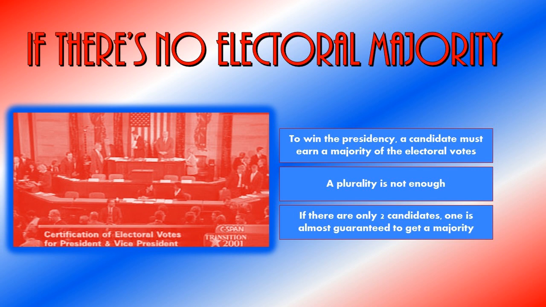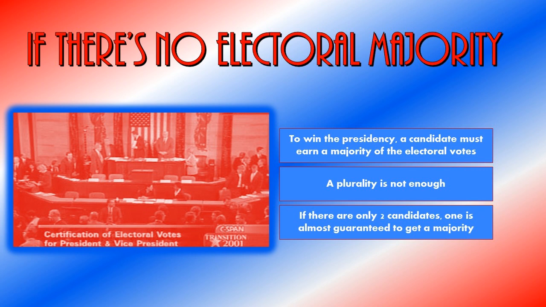And so what that means is, if we're in a situation where there's only 2 candidates that are getting electoral votes, then one of them is always going to have a majority. One of them is always going to have more than half. But we're talking about a situation where if there were 3 candidates that were getting electoral votes, then it becomes mathematically possible for someone to get the most votes but not have more than half of the votes.